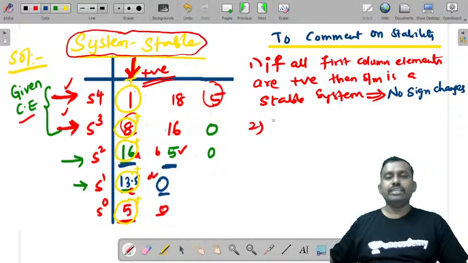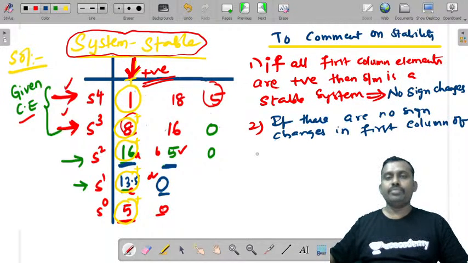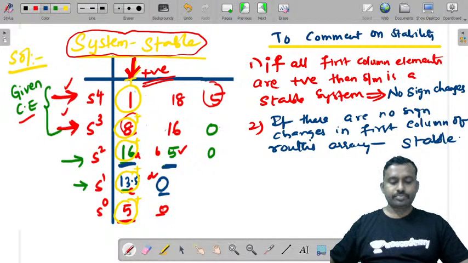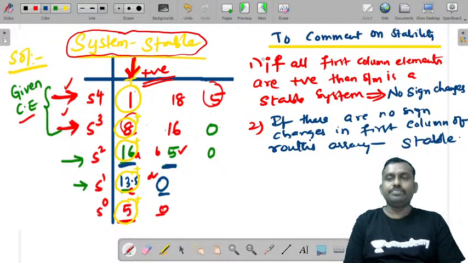So we can also state: if there are no sign changes in the first column of the Routh array, then the system is a stable system.